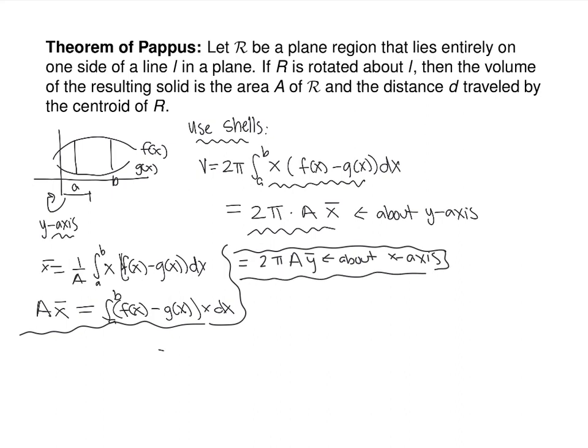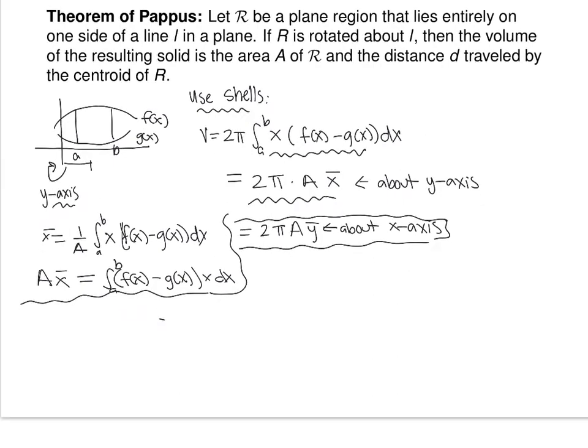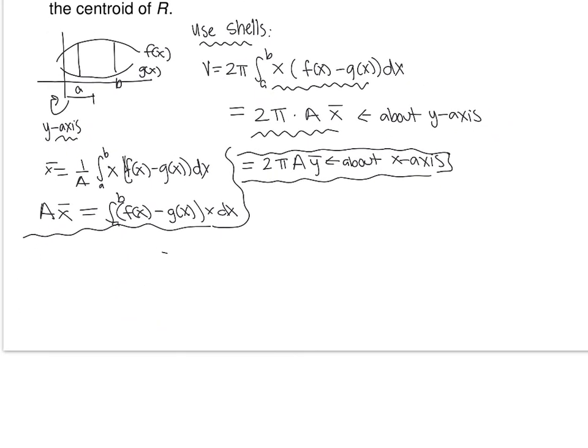So if you were going to find the volume of that region when it's spun about the x-axis, I think it would probably be better to use the disk method. So the volume would be an integral from a to b pi times r out, which would be f of x squared, minus r in, which is g of x squared, dx. And that's pretty darn similar to the formula for y bar.